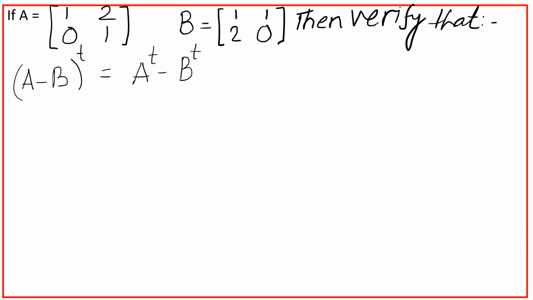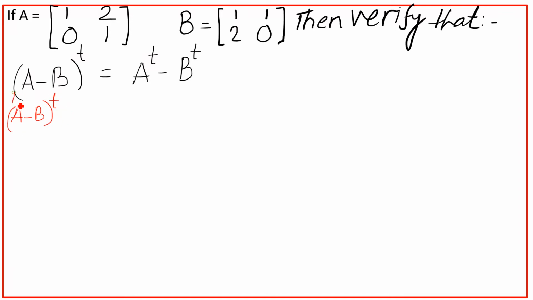Right, the next question is, if A is equal to this, B is equal to this, then we have to verify A minus B whole transpose. Same question, but only the sign is different. So A minus B transpose.